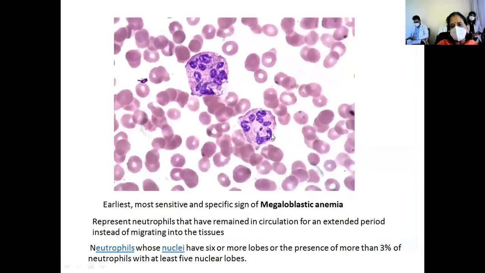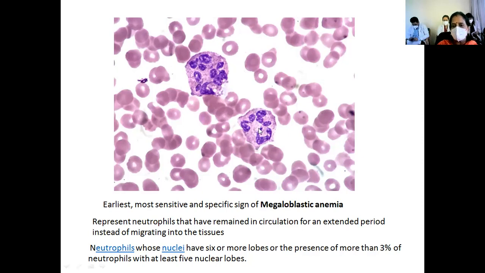So what are these two cells that I am showing? Hypersegmented neutrophil. Any other finding that you can see in this neutrophil? This one? There's a very nice Barr body here. Okay, drumstick. We don't call it a Barr body, but a drumstick. So this is a tiny nuclear lobe which is attached to another nuclear lobe by a chromatin thread. Drumsticks, you know, what we used to beat the drums.